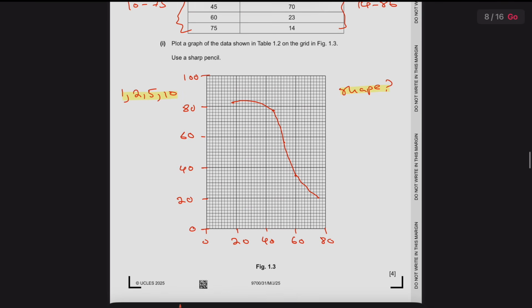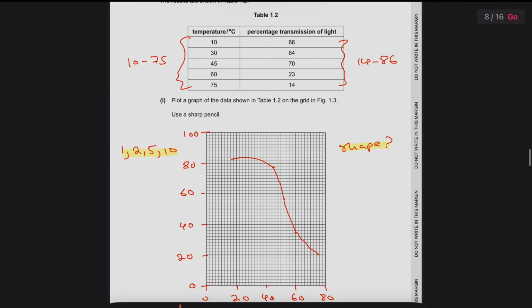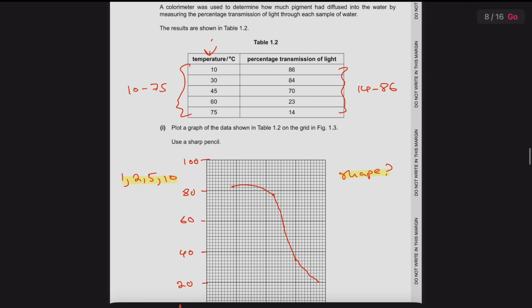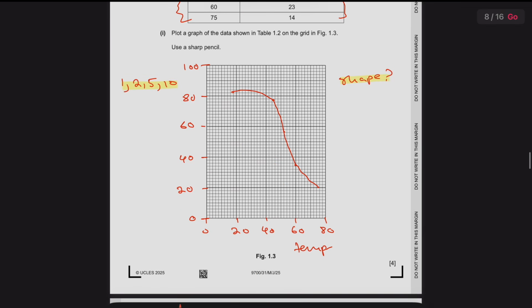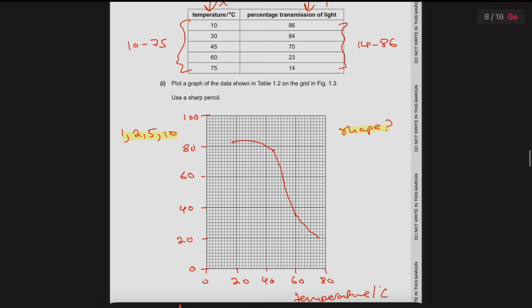1BI, okie dokie. So first of all, you get 1 mark for your x-axis. Usually your independent variable comes first, and then your dependent variable comes second. So this is your x, this is your y-axis. So x-axis, you need to do temperature in degrees Celsius, and then y-axis would be percentage transmission of light, but you'd write percentage in full, and then you'd use its unit, which is percentage.